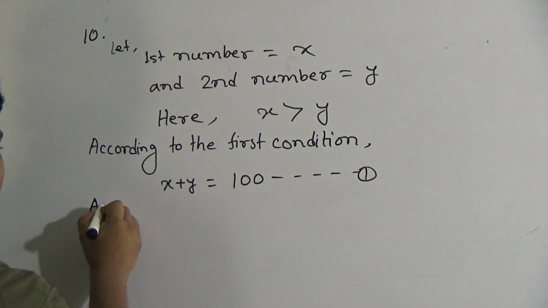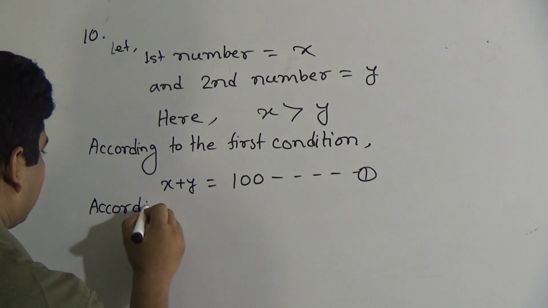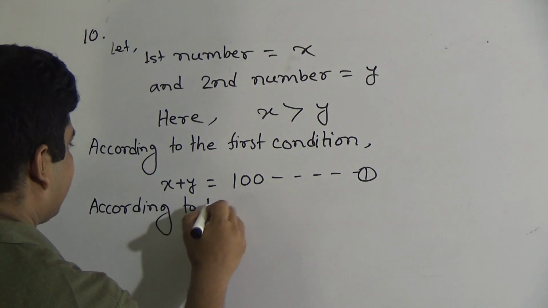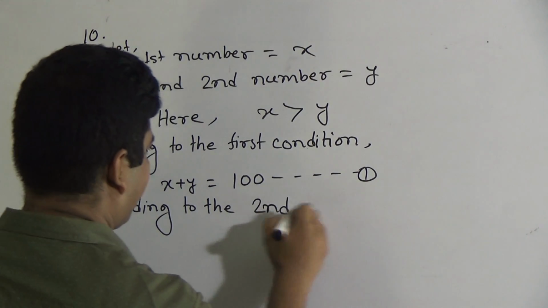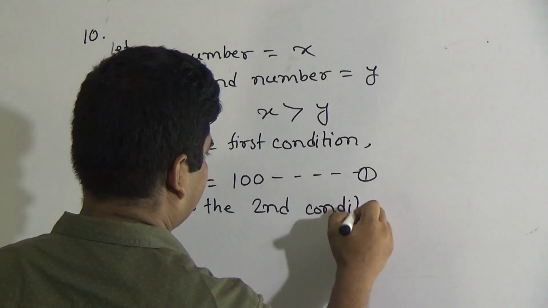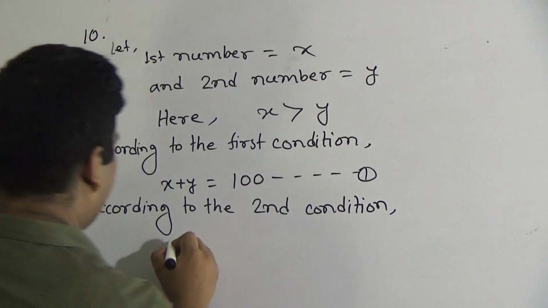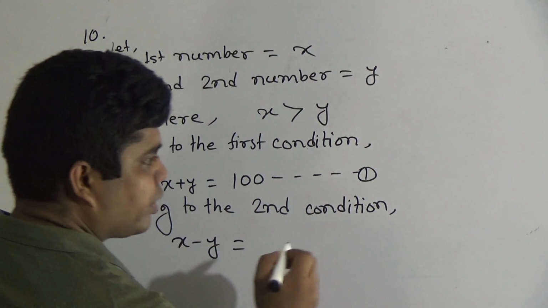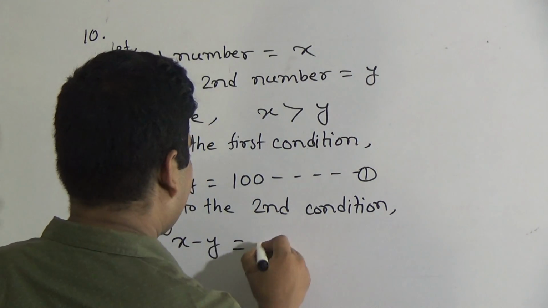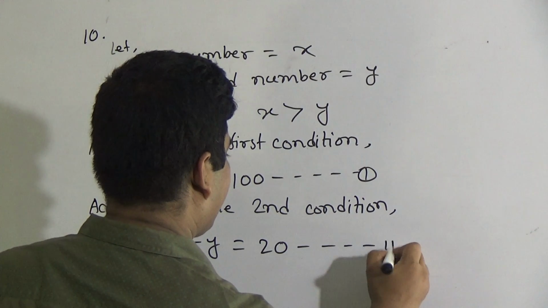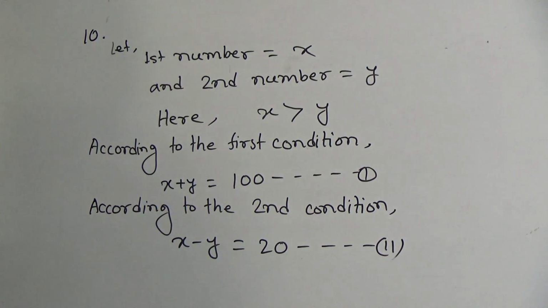According to the second condition, x minus y equal to what? 20. This is equation number 2. Now we need to solve equation number 1 and 2.